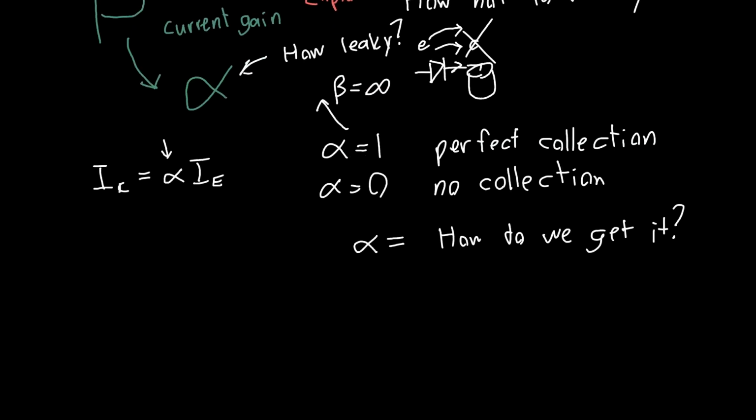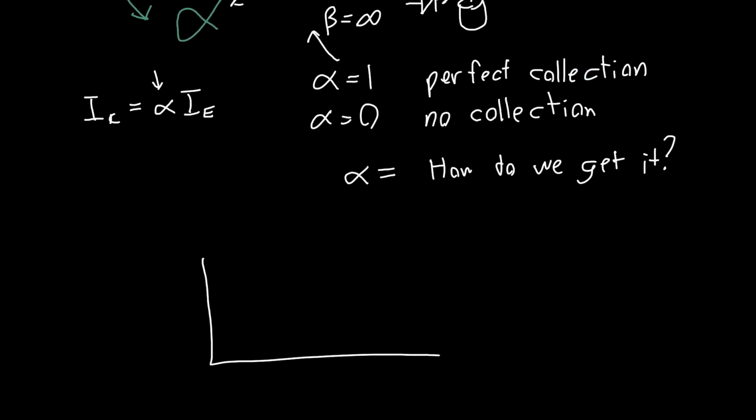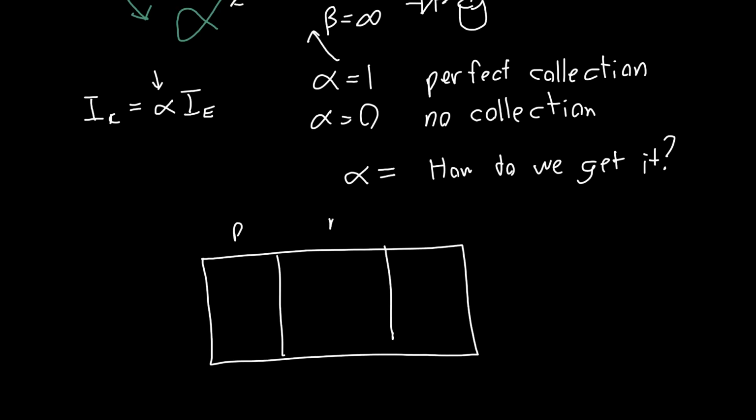And to figure this out, we're going to need to figure out, okay, well, if I've got a BJT structure, say it's a PNP, we need to figure out all of the currents involved in this device's operation. So where are all these holes moving in the emitter? Where are these holes moving in the collector? What do the carrier distributions of electrons and holes look like inside this device?